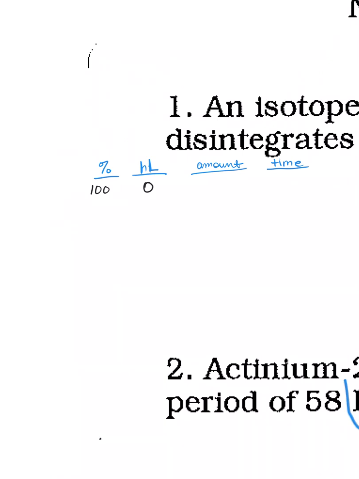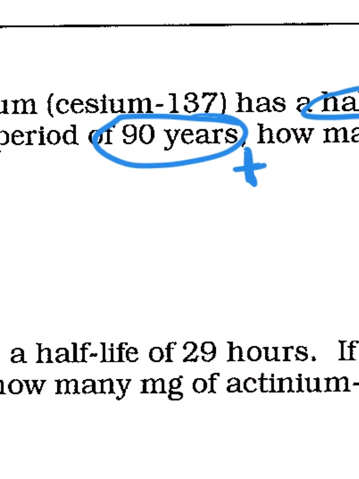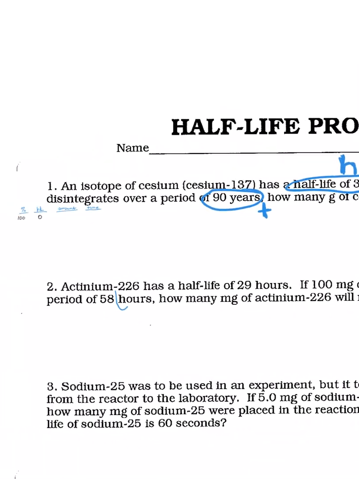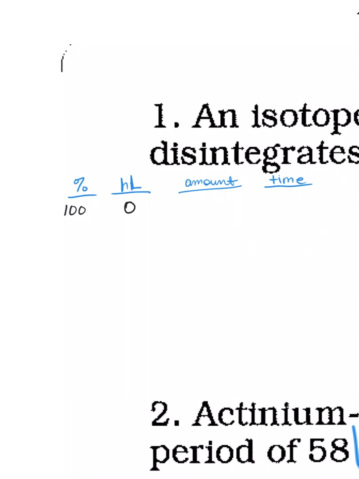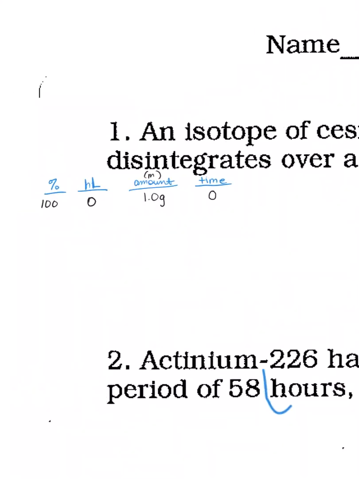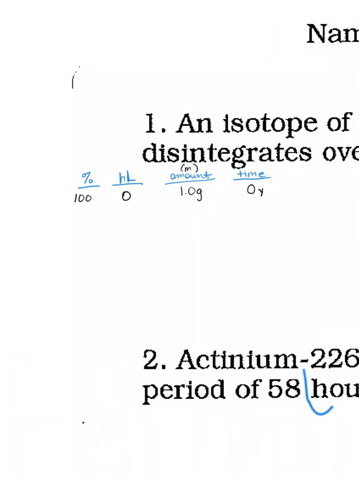Nothing is halved. And according to this question, in the very beginning, the amount we start out with is 1 gram. That's our mass, okay? And the amount of time that's lapsed is 0, okay? And we're measuring our time in years, so we're going to say 0 years.